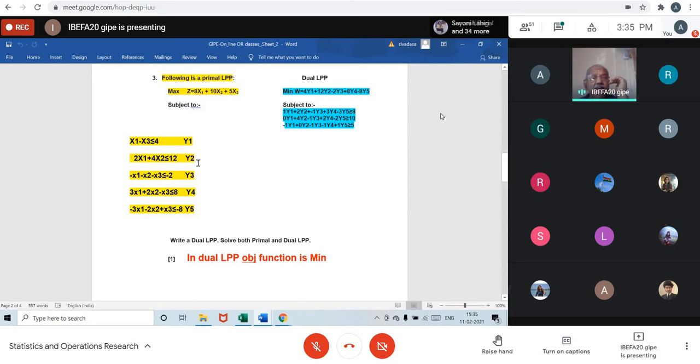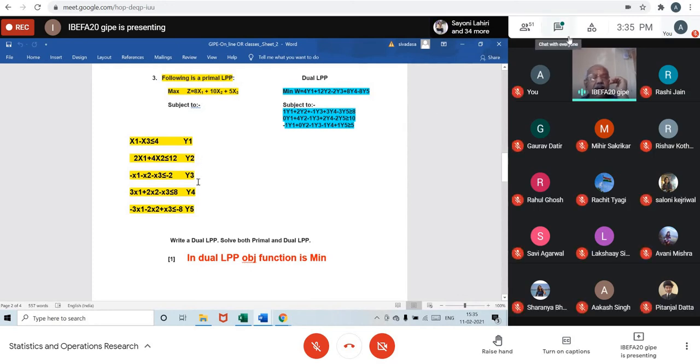Minimize the resources. Which are they? 4y1, 12y2, minus 2y3, 8y4, minus 8y5. Linear combination of a resource, maybe in hours, maybe in material, maybe in working man-hours.